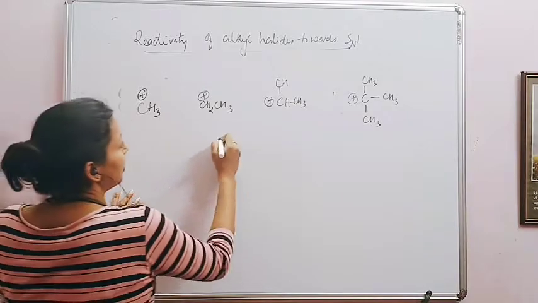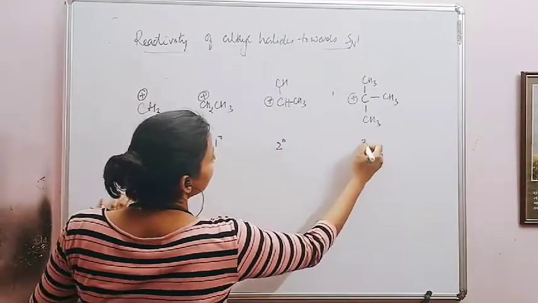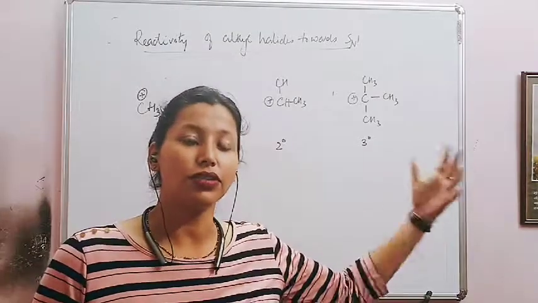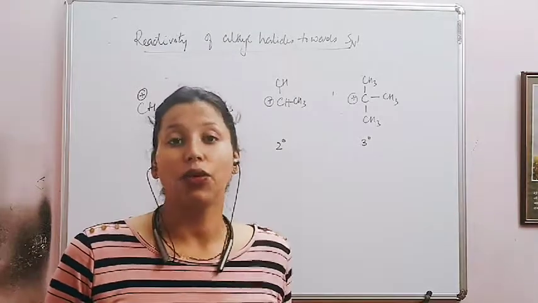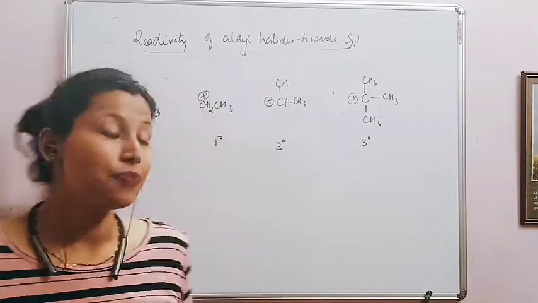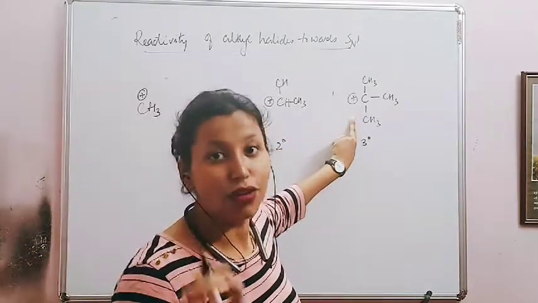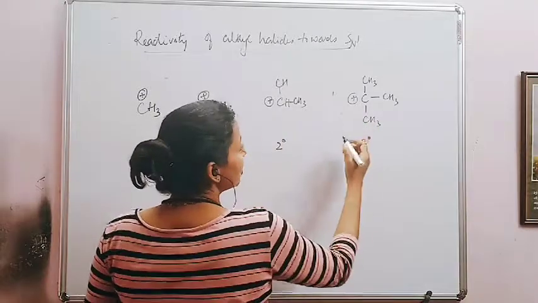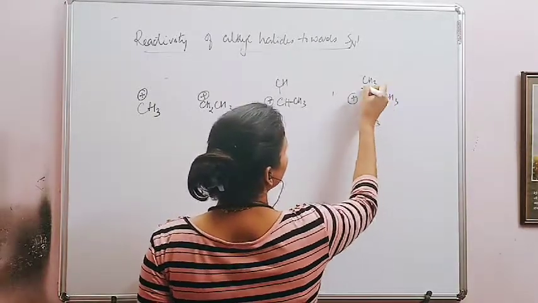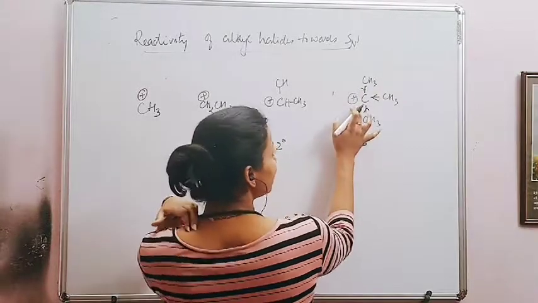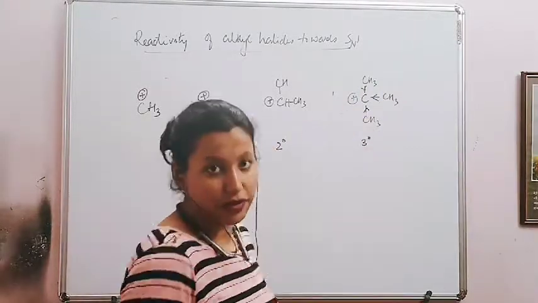Now, this is primary carbocation, secondary and tertiary carbocation. If you remember from your knowledge of class 11, we had studied the order of stability of carbocations. And we know that methyl groups are electron donating groups. So in tertiary carbocation, we have 3 methyl groups which are donating their electron density towards this carbon which is electron deficient.